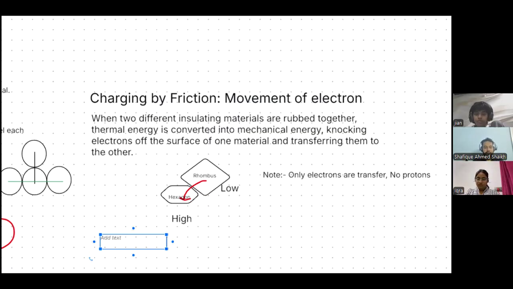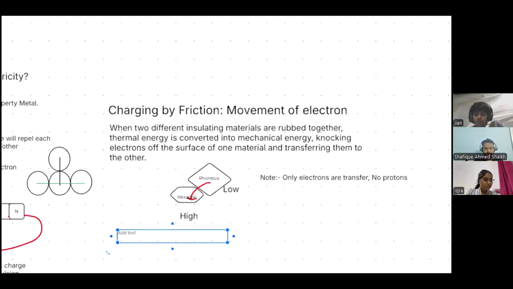The next part is we are going to do charging by induction. What is charging by induction basically? Look over here.